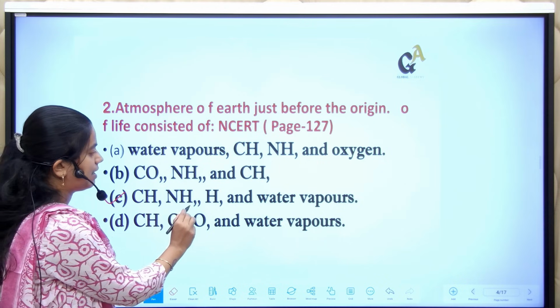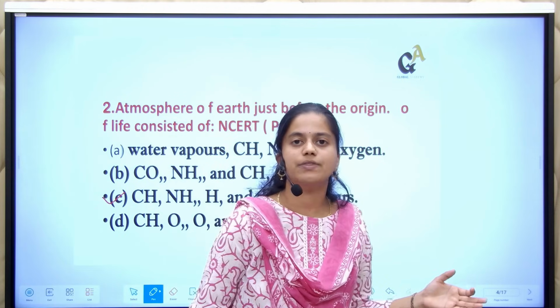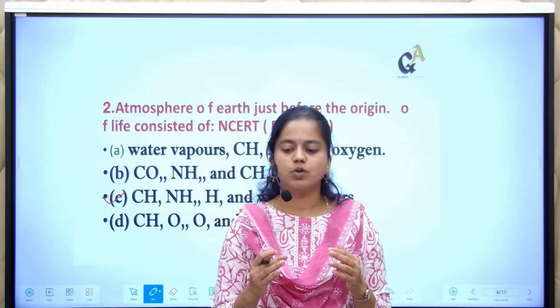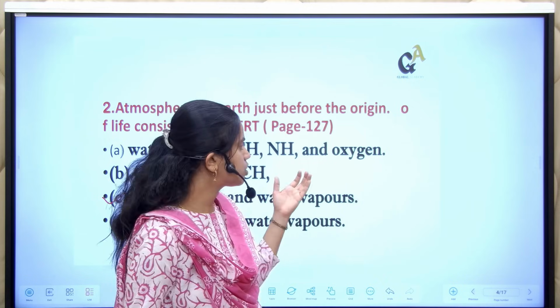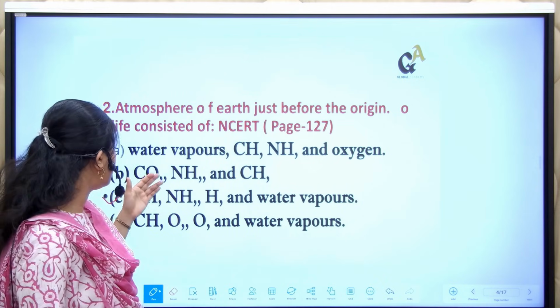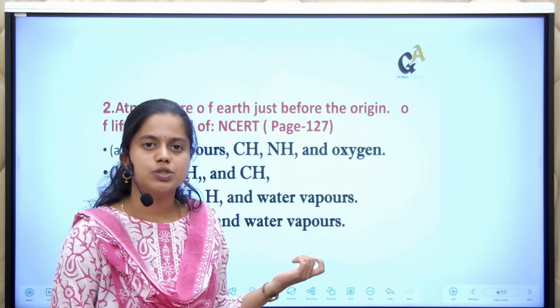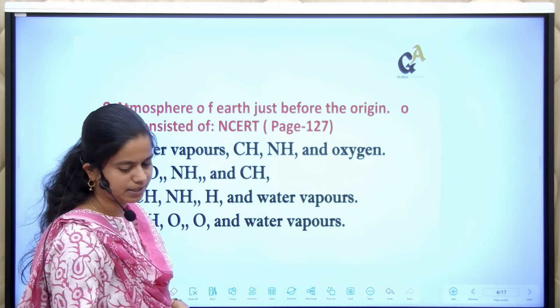This CH4, NH3, H2 and water vapor shows the total absence of oxygen. Our earth at the beginning did not contain free oxygen at all. The rest of the options A, B and D have free oxygen, so the remaining options are wrong. Only C is correct here.